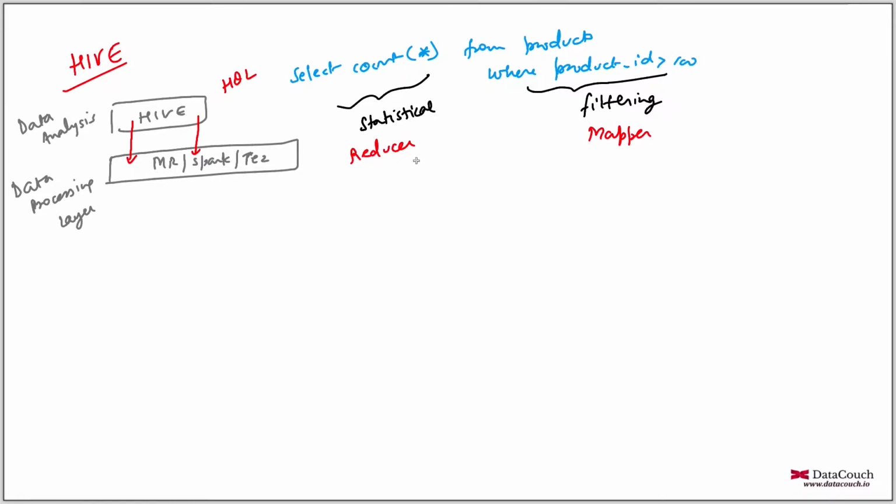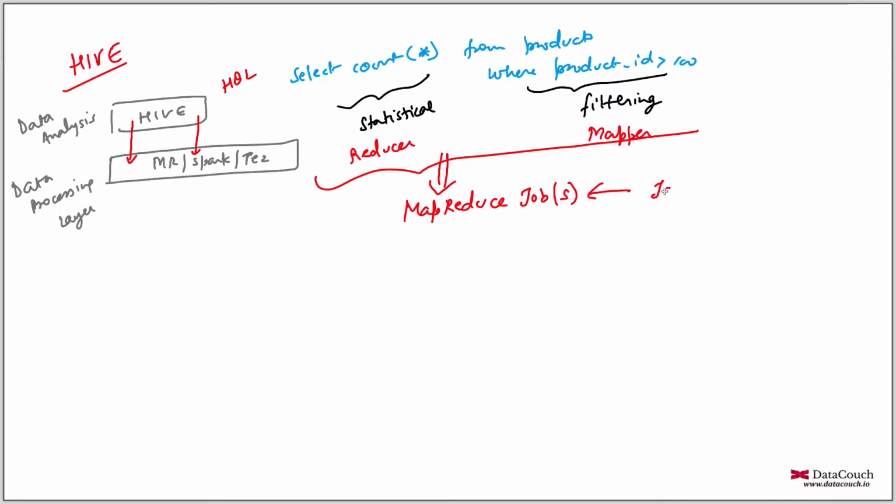If you do the explain plan of this statement, you will find it's actually a MapReduce job. So this query translates into a MapReduce job, and internally there can be one or more MapReduce jobs. So internally it will translate, and we don't have to go into the nitty-gritty of writing Java code. You write in SQL, and it is translated into MapReduce jobs which are in Java.